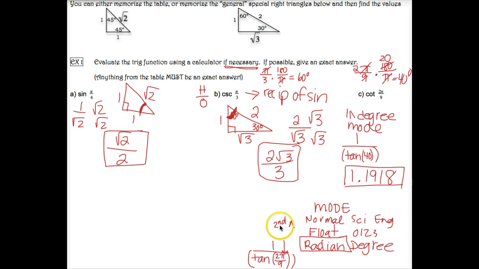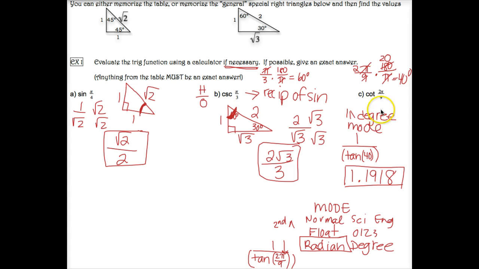So second arrow key gives you a pi, then divided by 9, and then you have 2 parentheses to close so that it looks like this, and then press enter. And it should give you the same answer. Again, if you've changed to radian mode, these are equivalents, the 2 pi over 9 and the 40. So it should always give you the same answer as long as you are actually working in the correct mode.